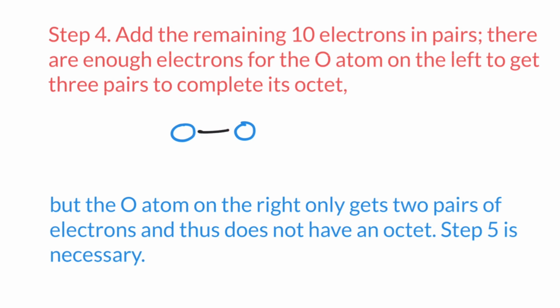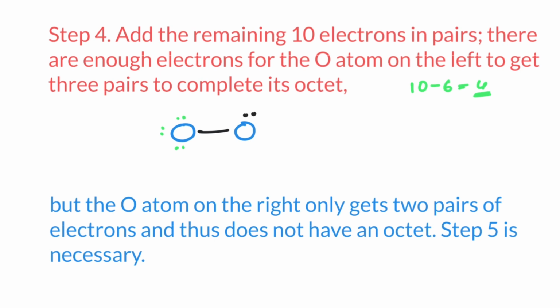Therefore, I am drawing now the number of pairs of electrons: 1, 2, 3. 3 into 2, 6, 6 plus this bond 2 electrons, 8 electrons. Out of 10 remaining electrons, 10 minus 6 gone. Then how many are left? 4 electrons are left.